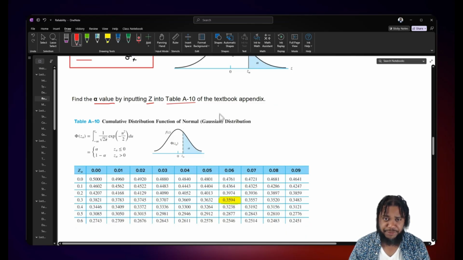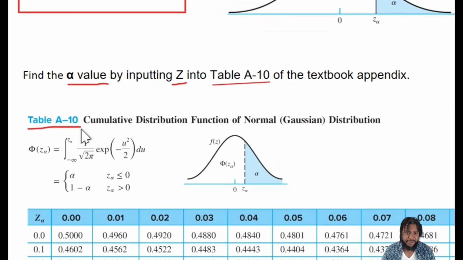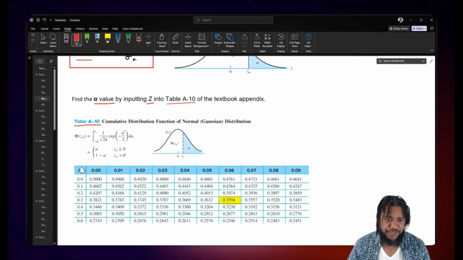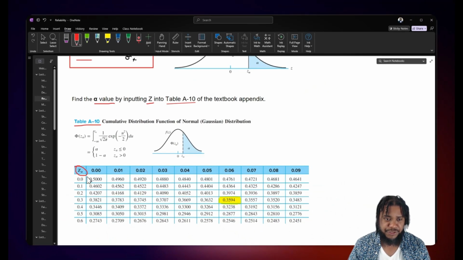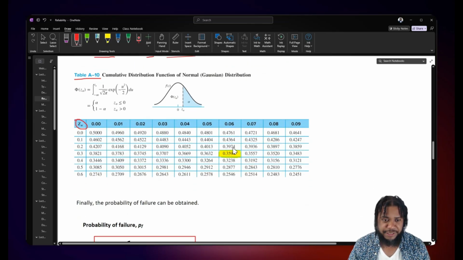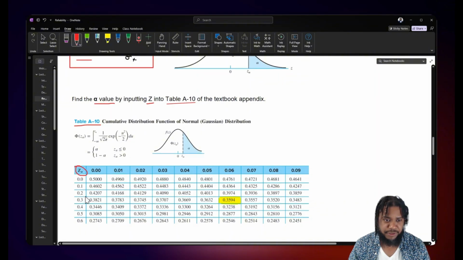So let's look at this table from our appendix, table A10. We can see that Z is here. We can see that the first significant digit, 0.0, 0.1, 0.2, and the second significant digit, 0.00, 0.01, are here. So what we can do is put those together. Say Z alpha, we've calculated it using this equation to be 0.36.